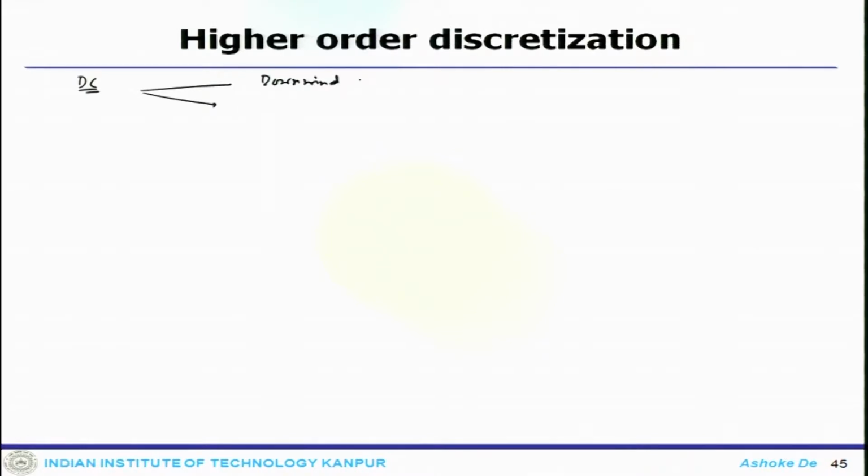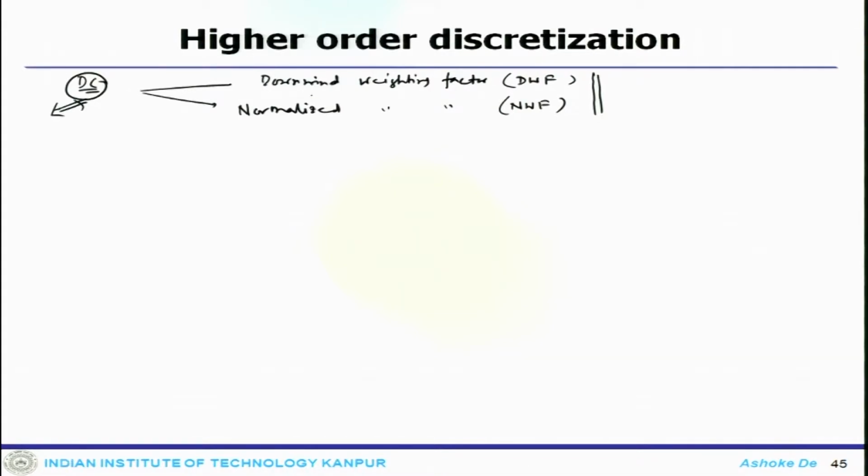To avoid the problems associated with deferred corrections, and to improve convergence and other stability limits, there are two methods one can adopt.